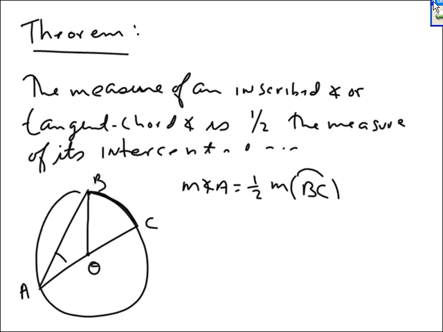Now, the measure of angle BOC. This is a central angle, so this angle is equal to the measure of arc BC.